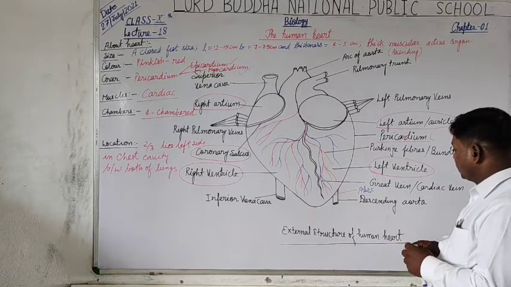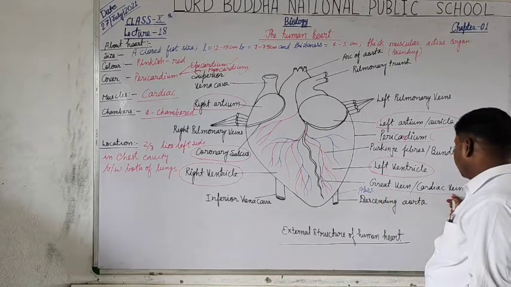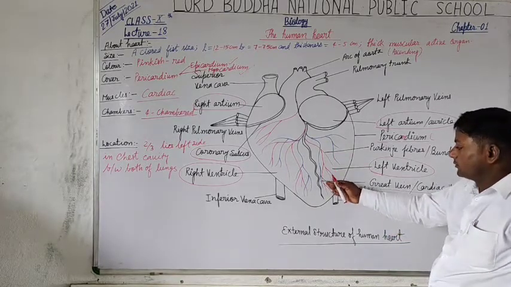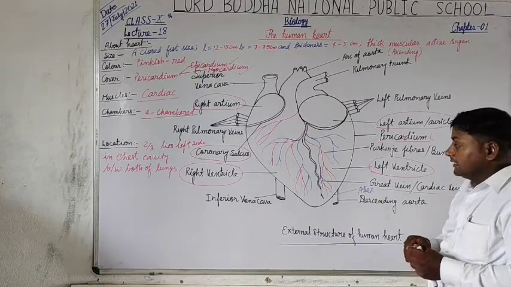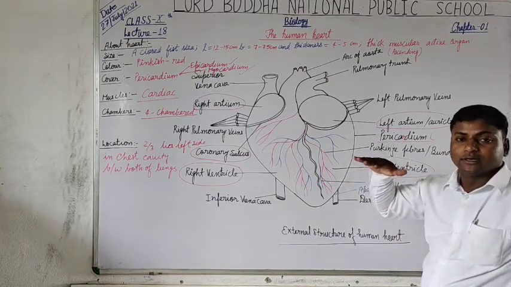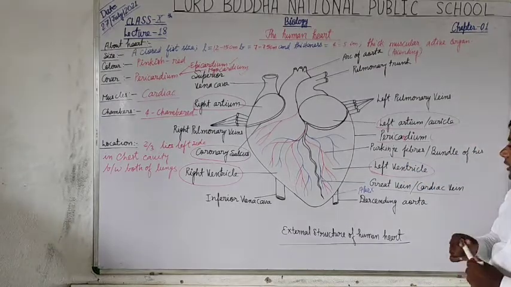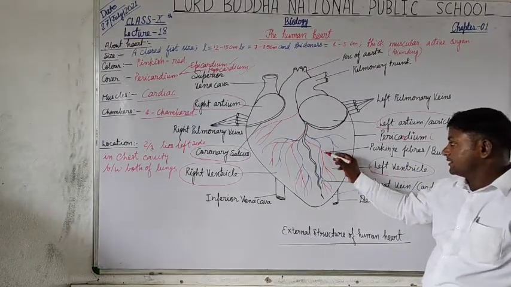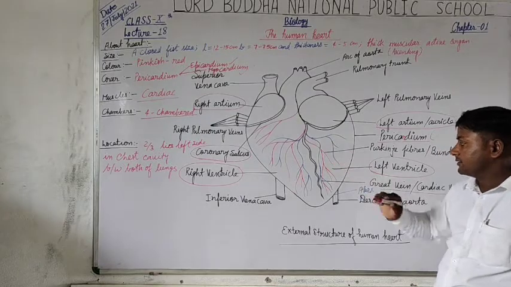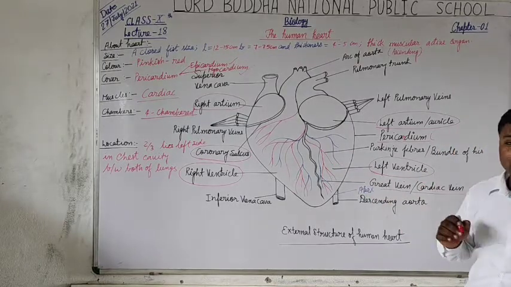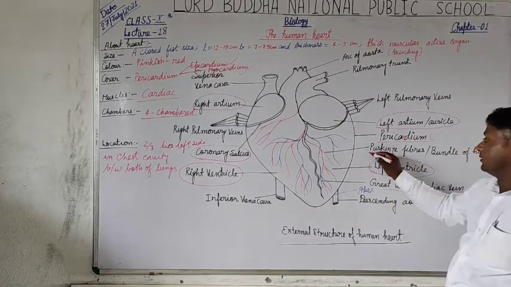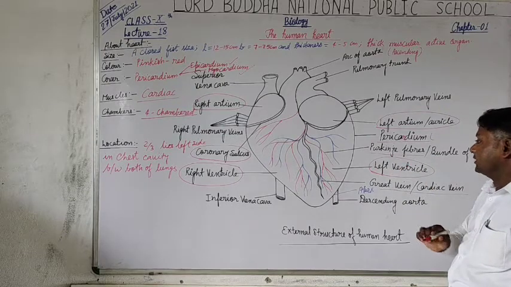Now students, this is the great vein or cardiac vein, which densely covers the upper surface of the pericardium. And here, these are the arteries, or branches of arteries, that are called Purkinje fibers.